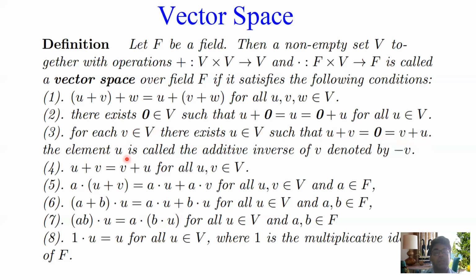The element U is called the additive inverse under the operation addition, so that is why this U is called the additive inverse of V and it is denoted by minus V. So up to 1, 2, 3, these are all based on addition.